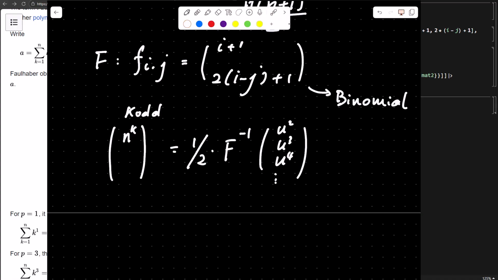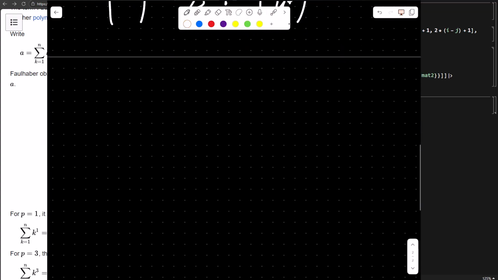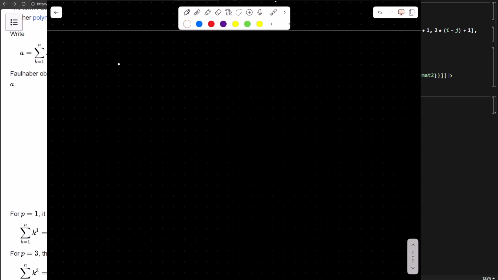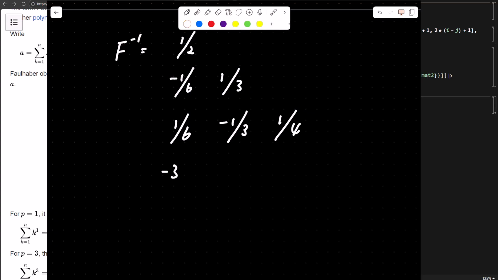And if we compute the F inverse, then some of the coefficients will look like this: 1/2, minus 1/6, 1/3, 1/6, minus 1/3, 1/4, minus 3/10, 3/5, minus 1/2, 1/5.